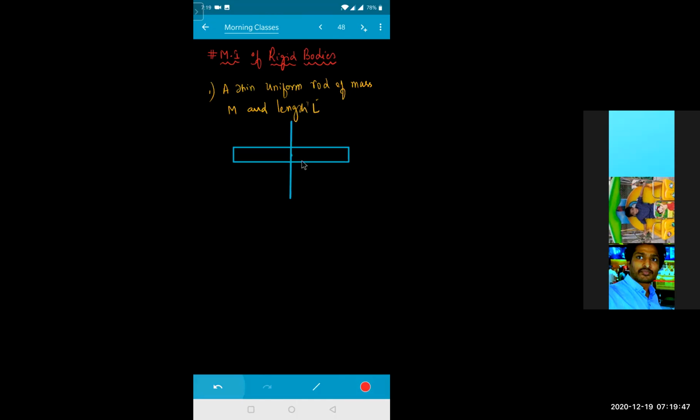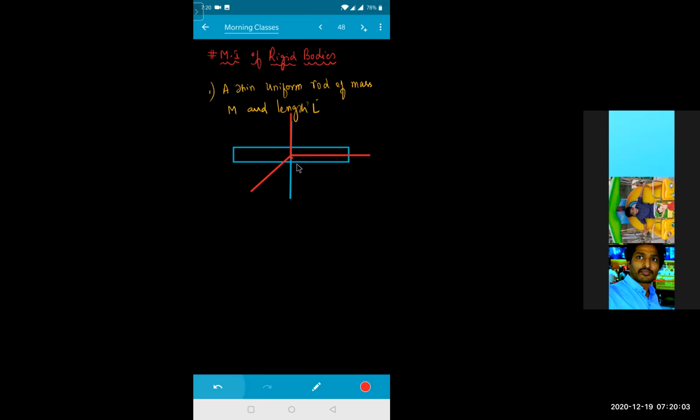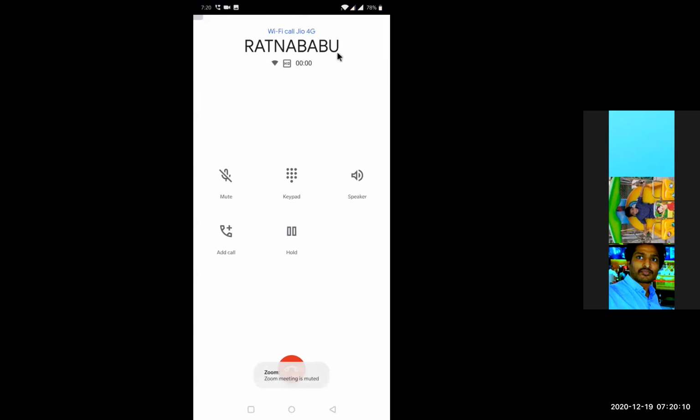Now for this one, this will be what? X axis. This will be your axis. This will be your z axis. If I'm taking this one as an origin, this will be your x axis.